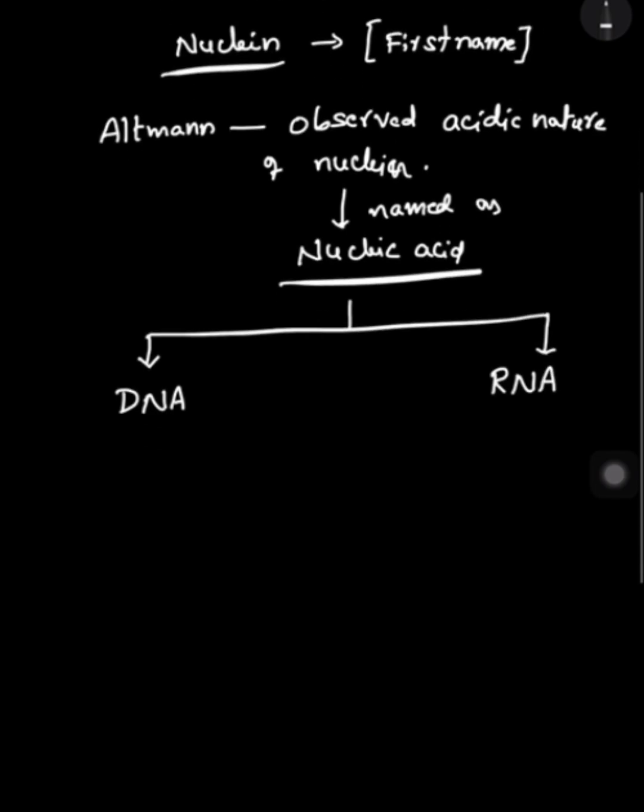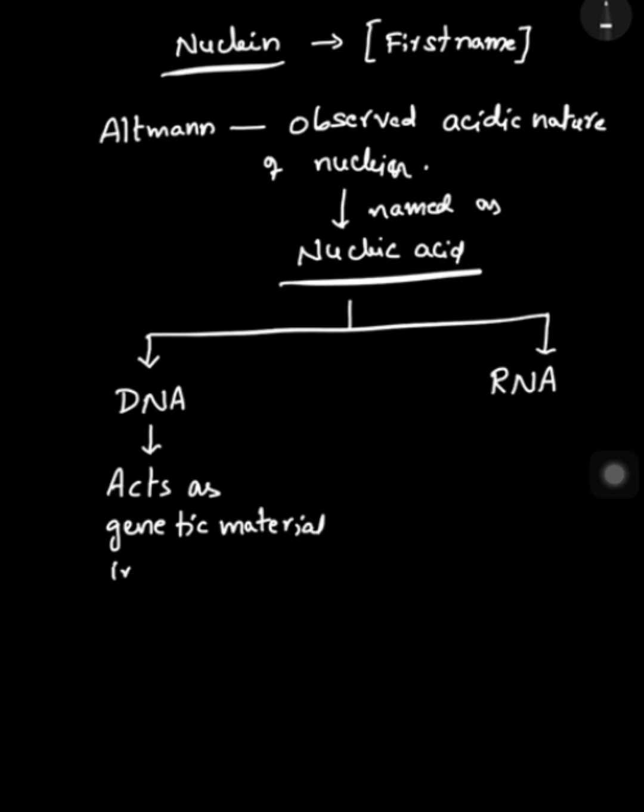Let's see the significance of this DNA. It is the genetic material. DNA acts as genetic material in living organisms. Not only most of the living organisms, in all living organisms. No organism has RNA as the genetic material.